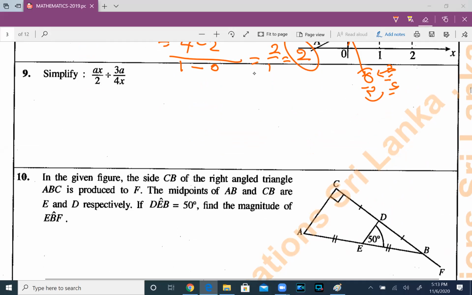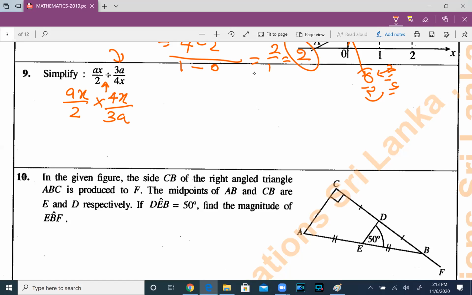If it is a division, the first step is you have to make it a multiplication, and the following one will become its reciprocal.